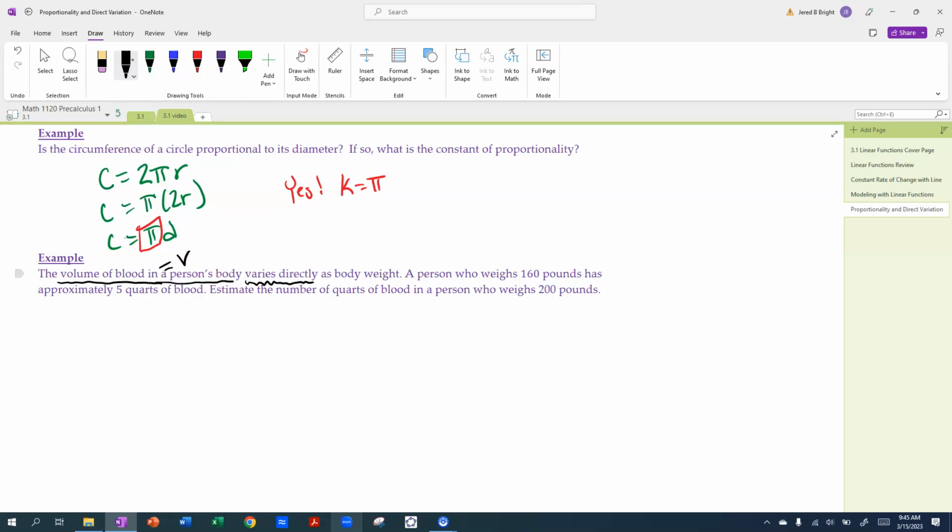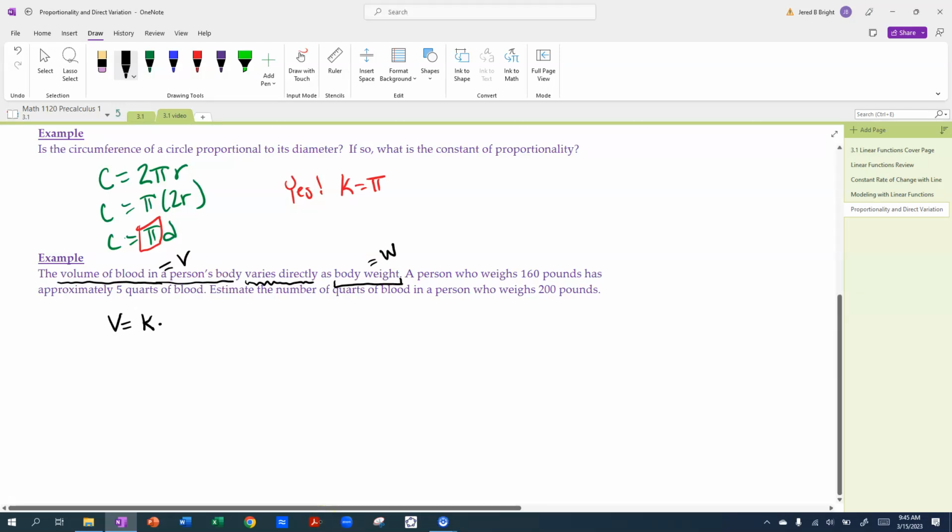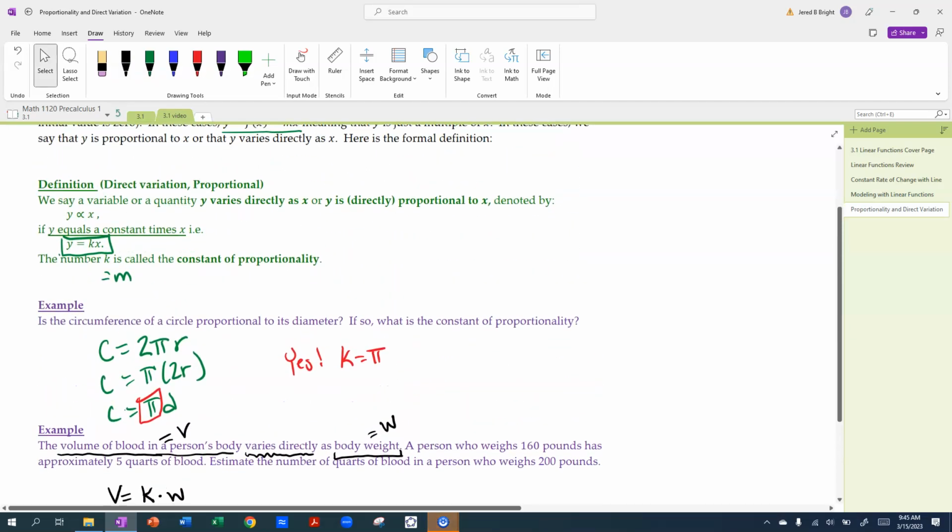And body weight, I'm going to say this is W. So the base equation here is going to be V is equal to a multiple, K times W, because we're saying it varies directly as, y varies directly as x. So look for that little bit of language, and then your variables are defined there.